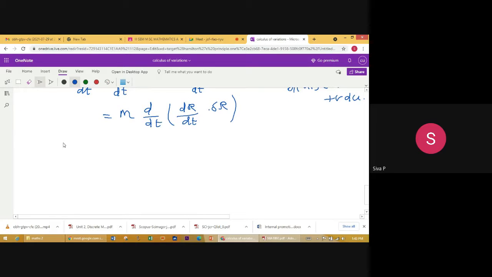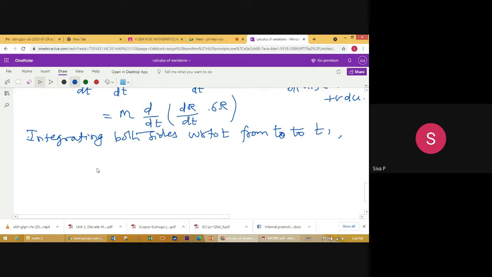So, integrating both sides with respect to t from t0 to t1, we get the integral of delta T plus delta W dt, that is the left hand side, equal to, if you are integrating this, d by dt will go.